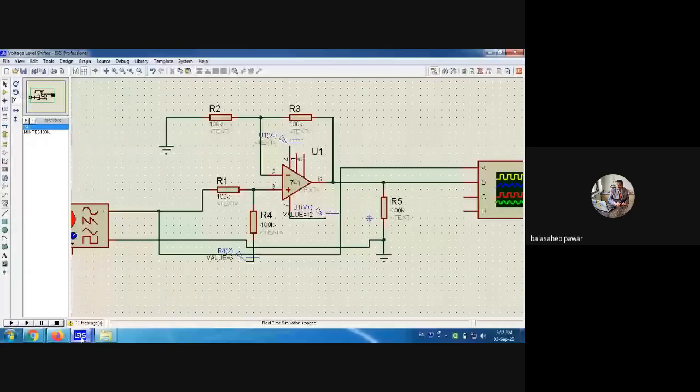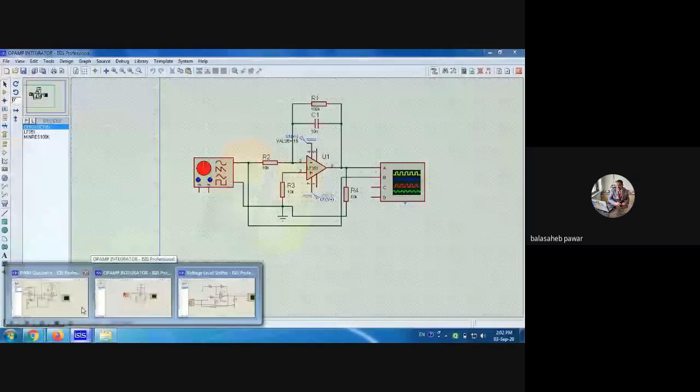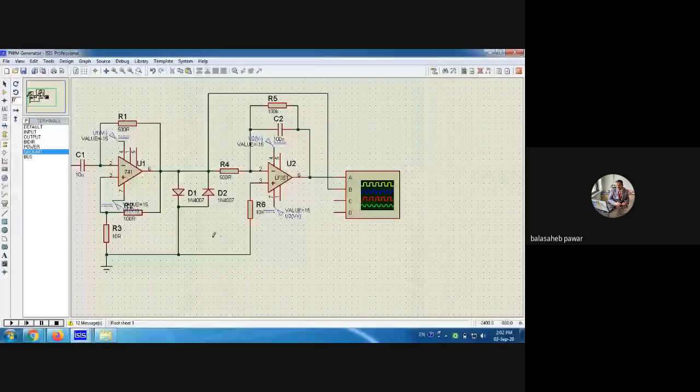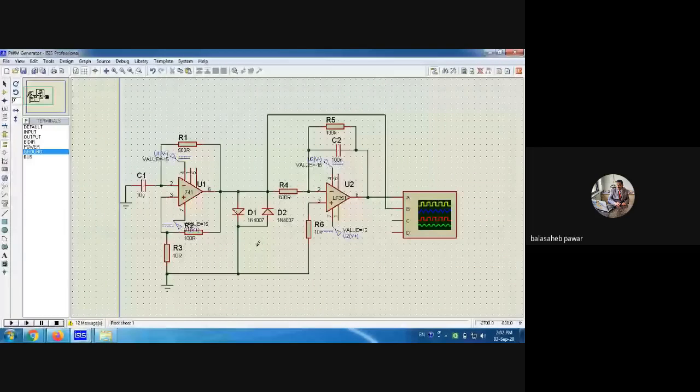Now we'll switch to the next part. Just 1 hour before, I tried to implement the PWM generator we discussed without any calculation. I don't even know the frequency of that generated square wave. The square generator produces a square wave with a peak amplitude of almost 0.7 volt, as it gets limited by diodes D1 and D2.